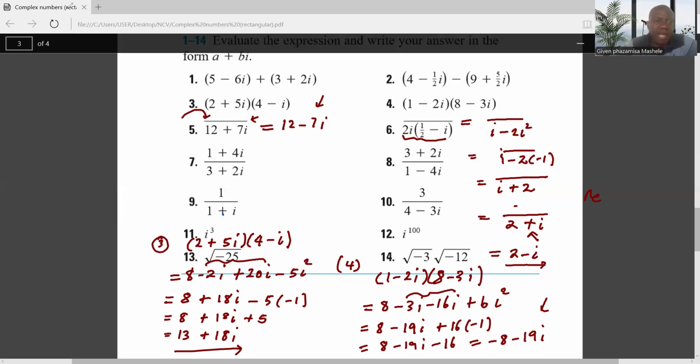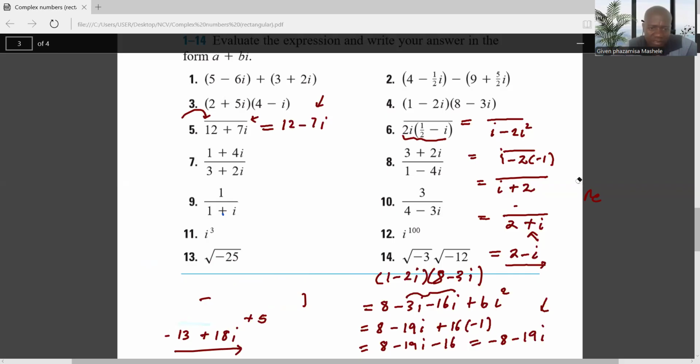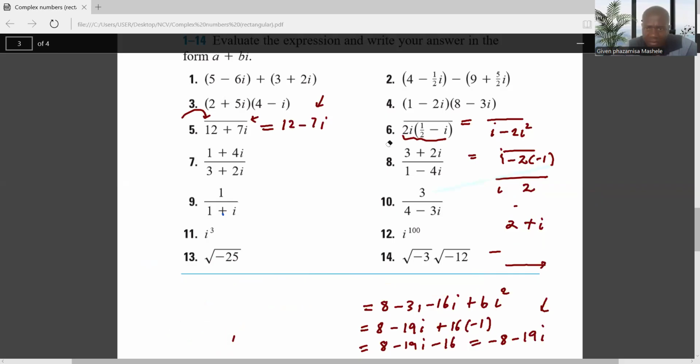Okay, let's now look at the ones where we're dividing. Division of complex numbers. Okay, right. Let's start with the first one.